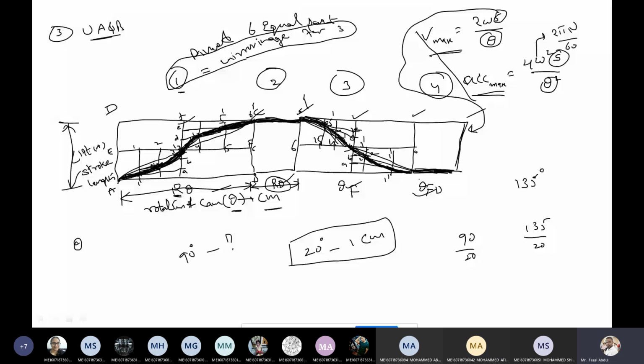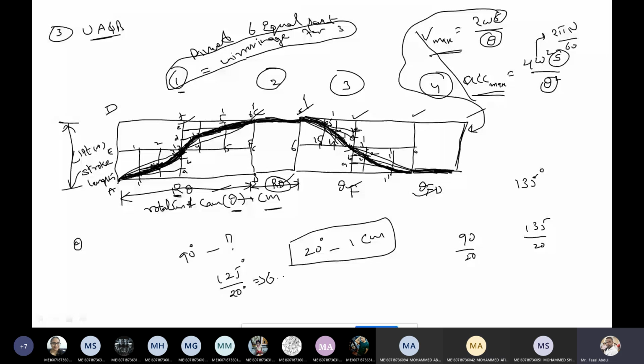For example, for the rising, assume the rising period is 125 degrees, as given in the question. We need to convert that into centimeters. 125 divided by 20 means 6.25 centimeters.